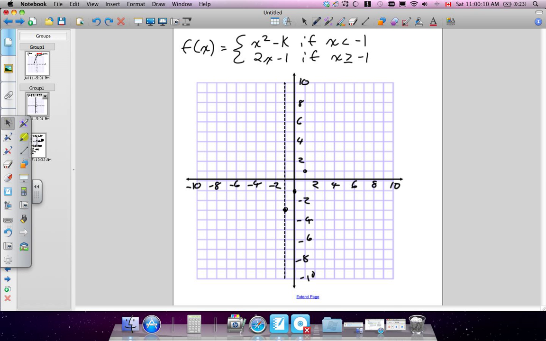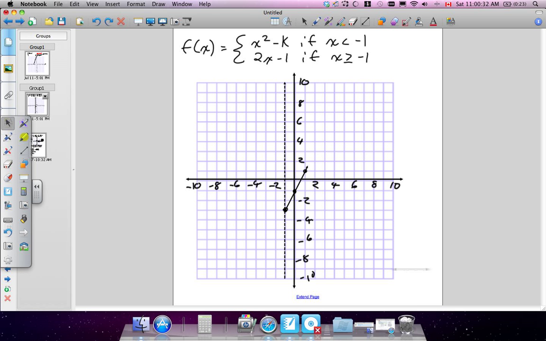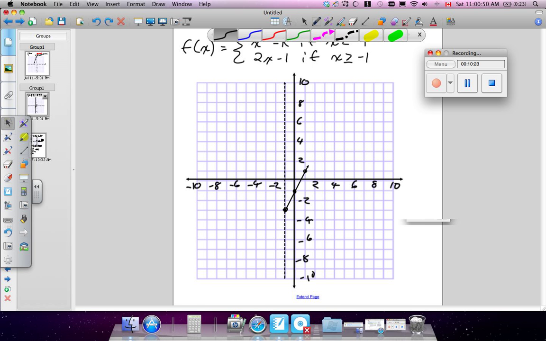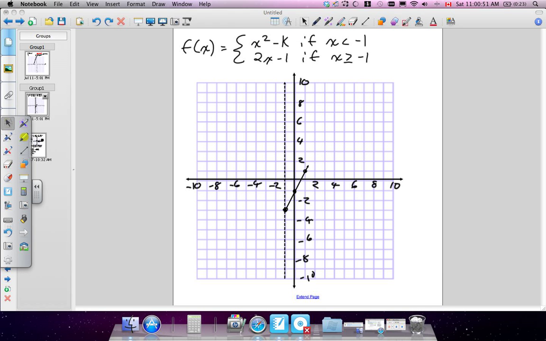So I know I'm touching here. And again, I have some line that does that. Slow it down. Okay. So, our line goes like that.